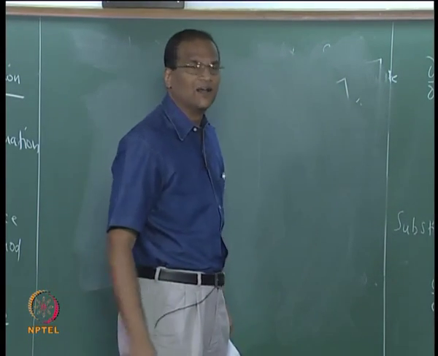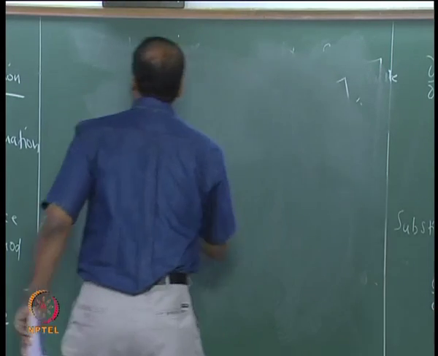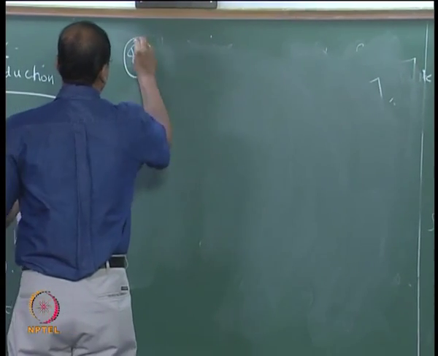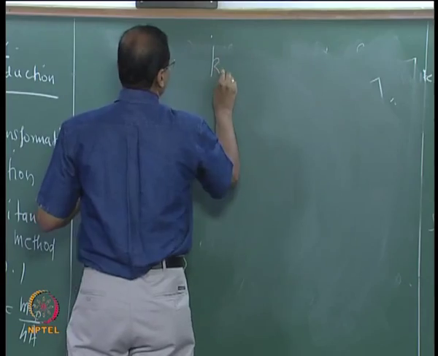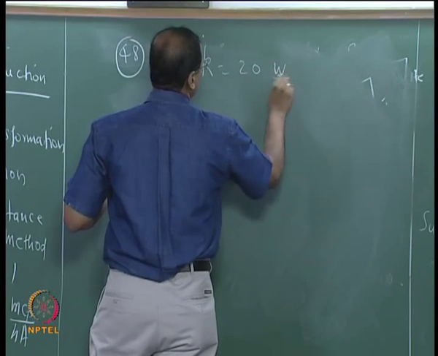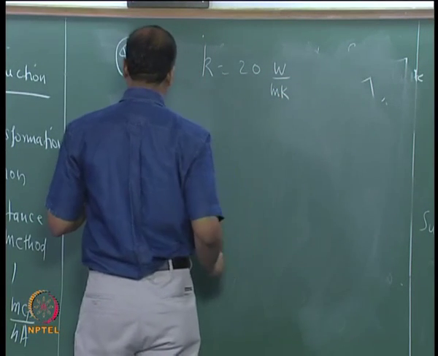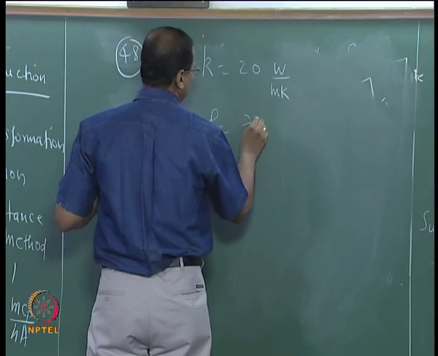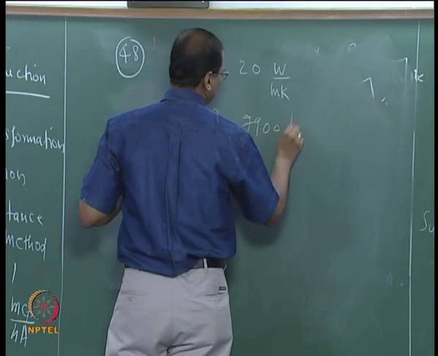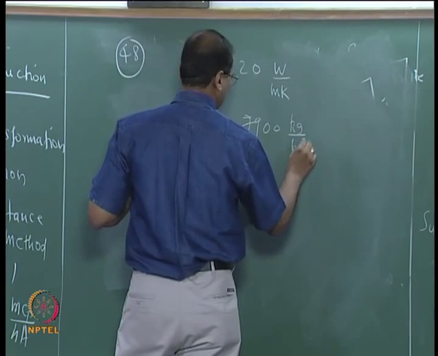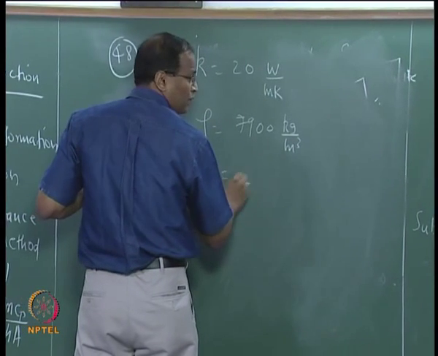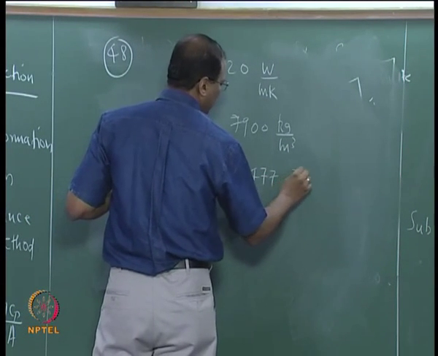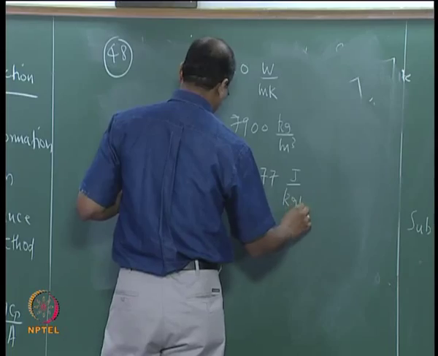Properties of stainless steel are thermal conductivity 20 watt per meter per Kelvin, density 7900 kilogram per meter cube, Cp 477 joules per kilogram per Kelvin.